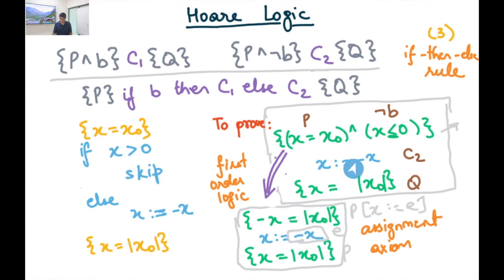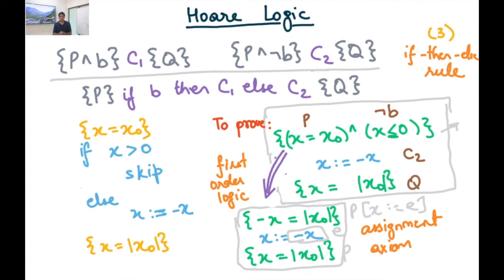And these two Hoare triples are actually not equivalent. I think I said they are equivalent just now, but they are not, because the precondition of this Hoare triple is different from the precondition of this one. The precondition of this Hoare triple is actually stronger than the precondition of this one, and it is easy to see that if this holds, this Hoare triple holds, and this will also hold.